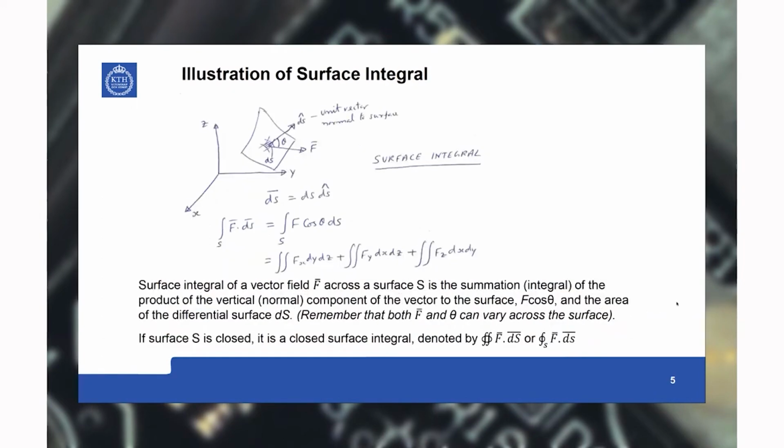Now let us look at the meaning of the surface integral.